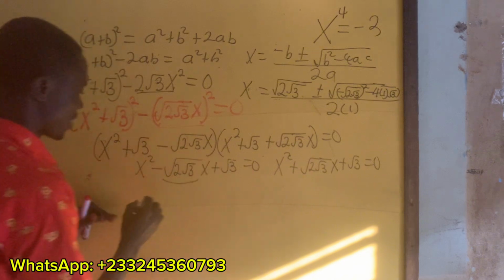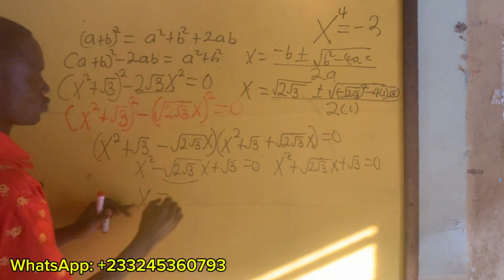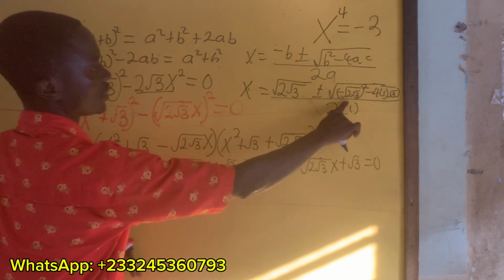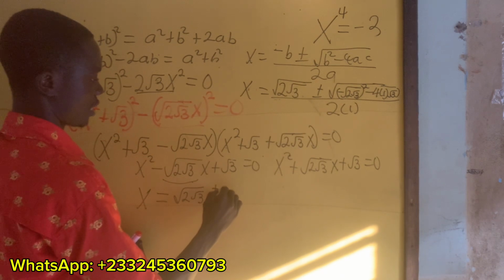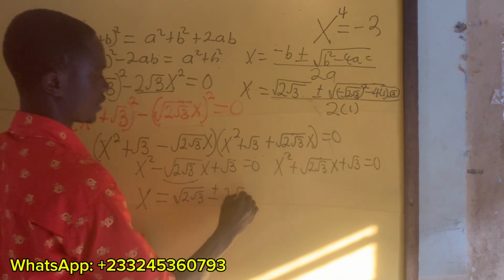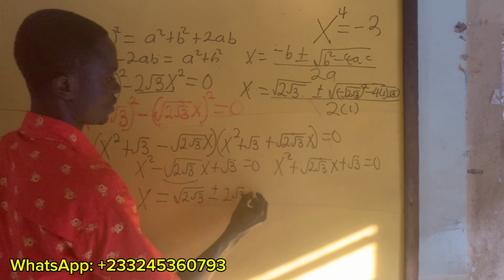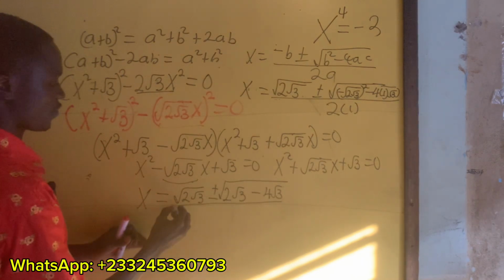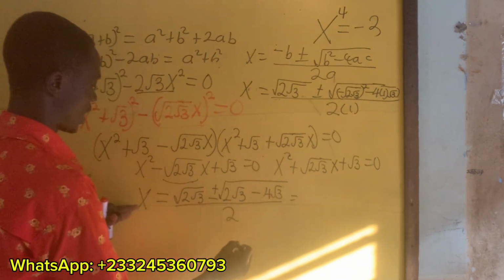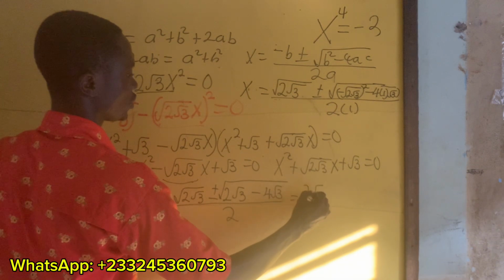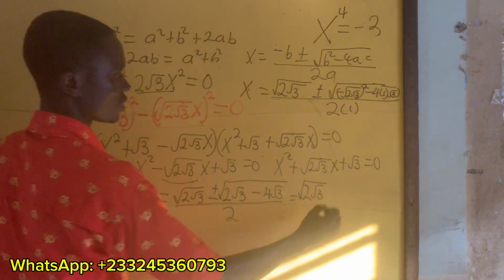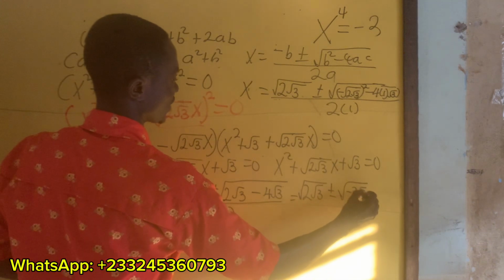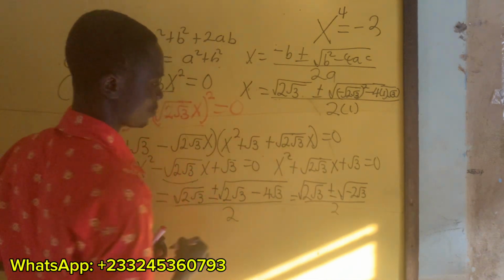So here we're going to have x equal to square root of 2 square root of 3 plus or minus the square root of 2 root 3, the inner one, then minus 4 root 3, all under the square root, divided by 2. And we're going to have 2 root 3 under the square root plus or minus the square root of negative 2 root 3, all divided by 2.